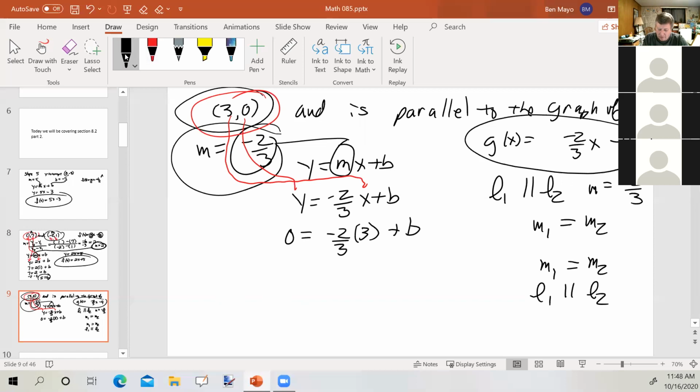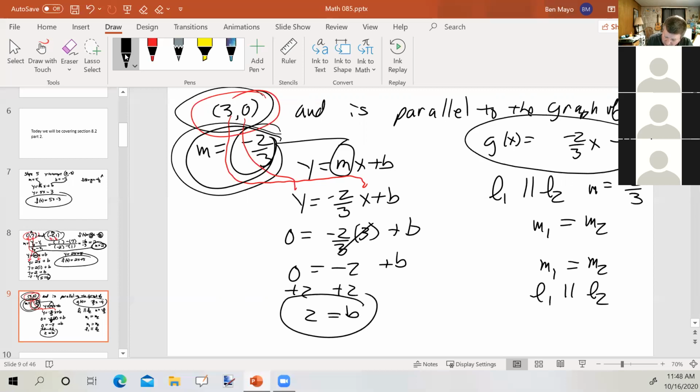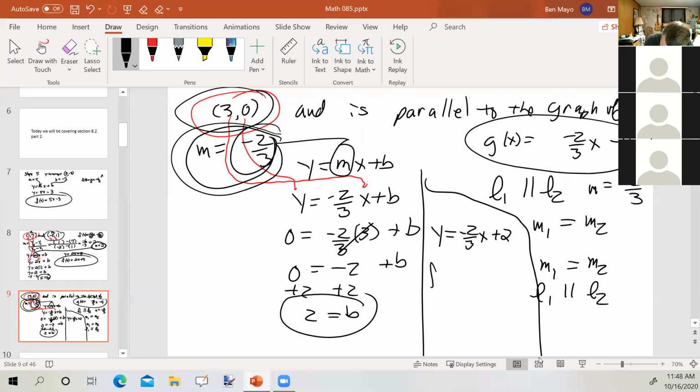Okay. 0 equals -2 plus b. Add 2 to both sides. B equals 2. So I've got the slope of the new line, the y-intercept of the new line. So we've got y equals -2/3 x plus 2, or f of x equals -2/3 x plus 2.